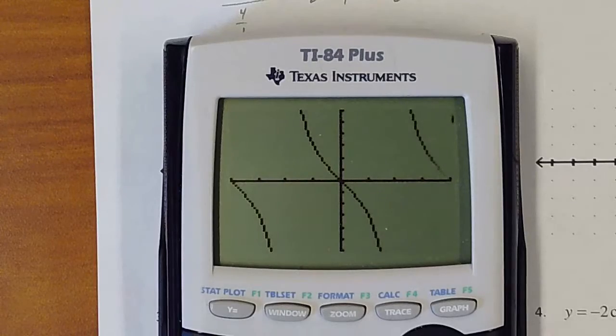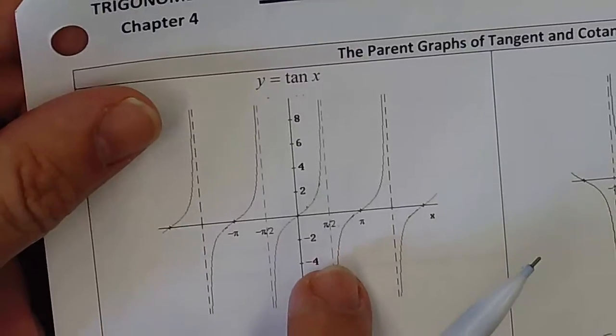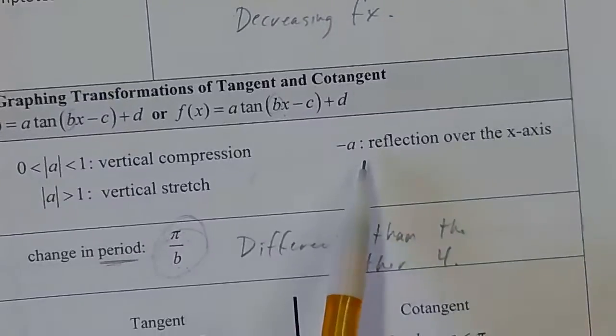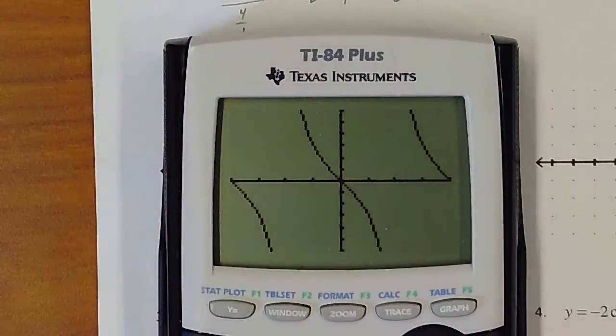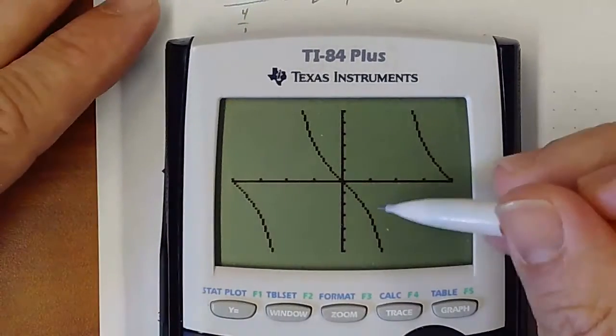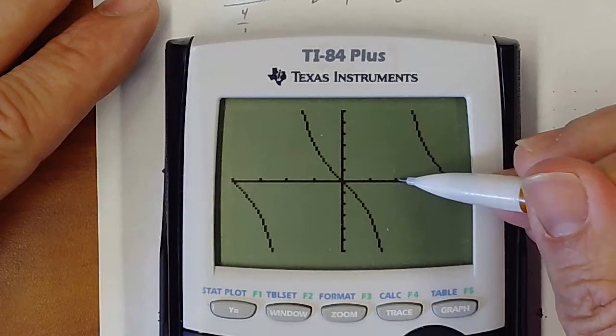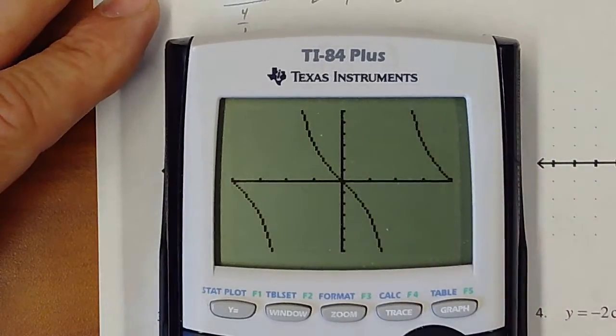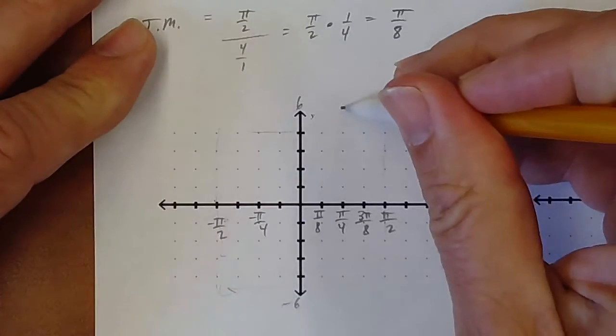Okay, now the parent function for tangent was supposed to be increasing, like this, but we had a -a value, so it reflected over the x-axis. That's why it's looking like this. It looks like I have an asymptote at my second tick mark in both directions, so I'm going to start there with an asymptote right here at pi/4.